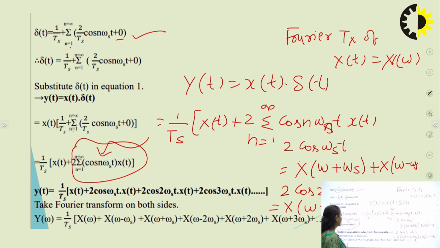In this way, we can replace this time domain signal with the frequency domain, and the final expression comes out to be 1 upon Ts times X(ω) plus X(ω − ωs).